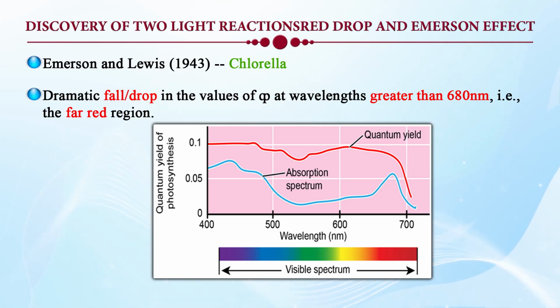That means the quantum yield fell down dramatically. On your screens you can see the graph which shows that the quantum yield drops as the exposure approaches red and far red, that means the higher ranges of red. Now, this phenomenon was called red drop.